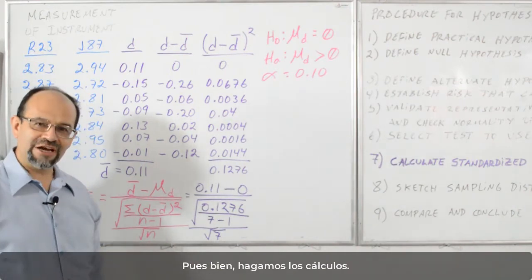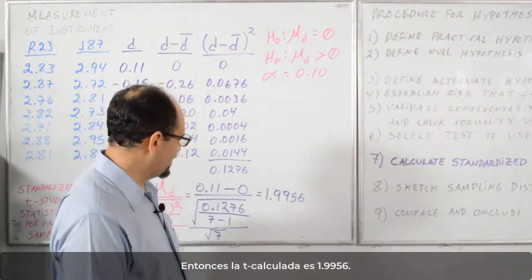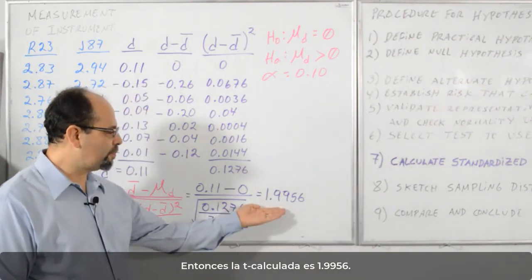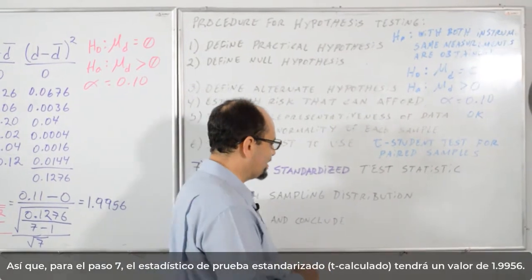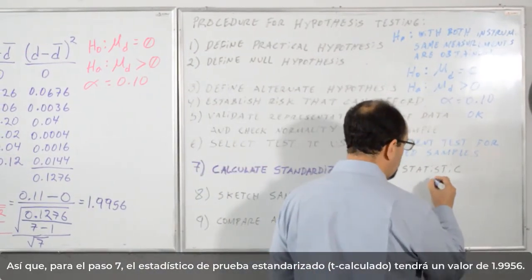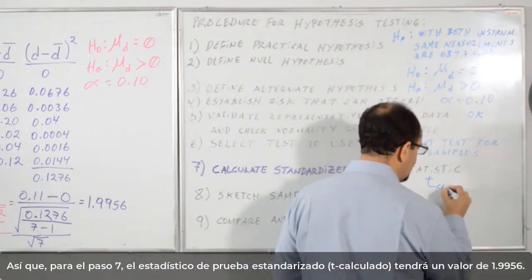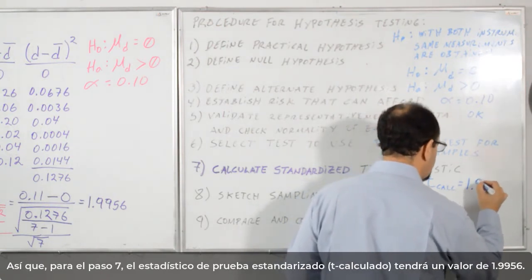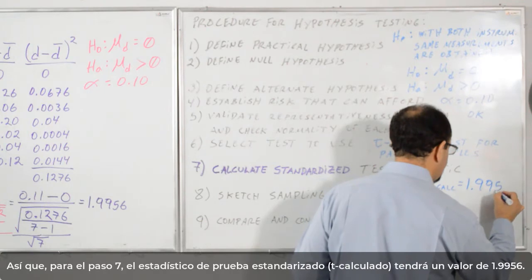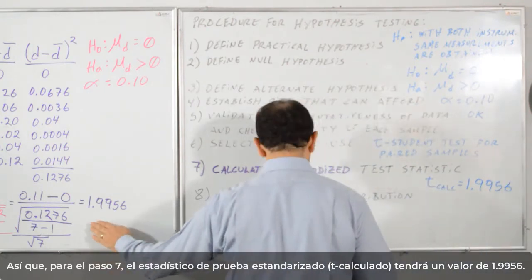Well, let's do the calculations. Then T calculated is 1.9956. The calculated standardized test statistic, which I will call T calculated, is equal to 1.9956.